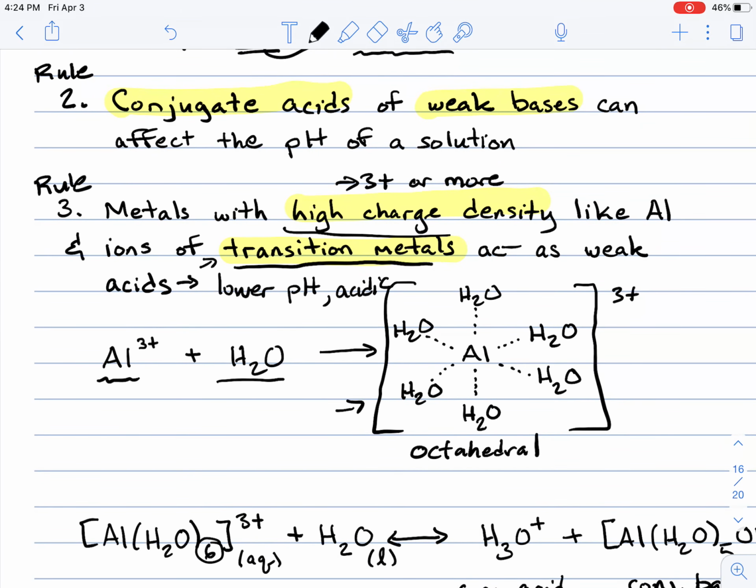So let's go ahead and use Rule 2. Once again, we have CH3NH3+. So that's the ion in question. Looking at Rule 2, it's saying that the conjugate acid of a weak base can affect the pH of a solution. Here, we first want to make sure that it fulfills the first part of this rule.